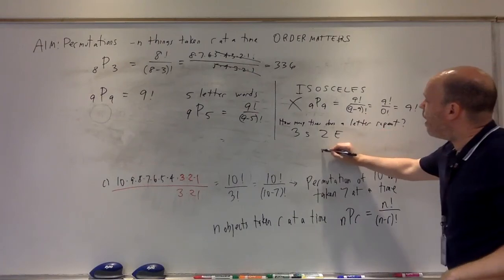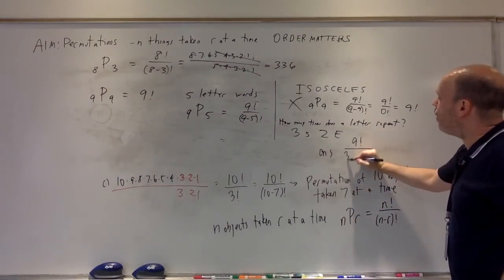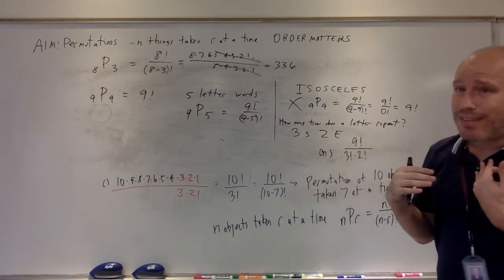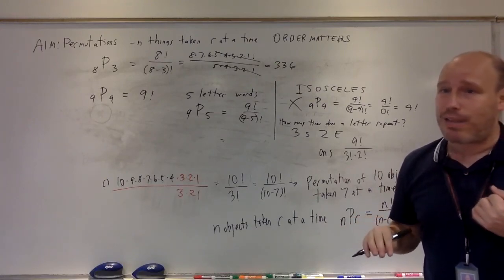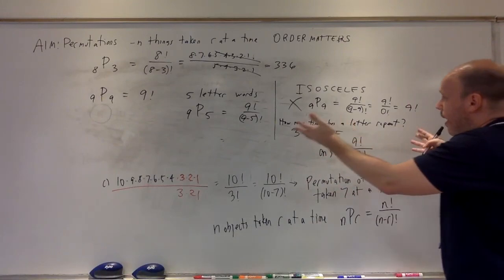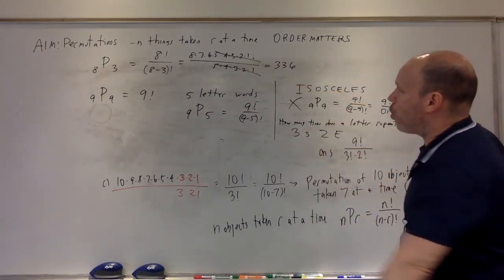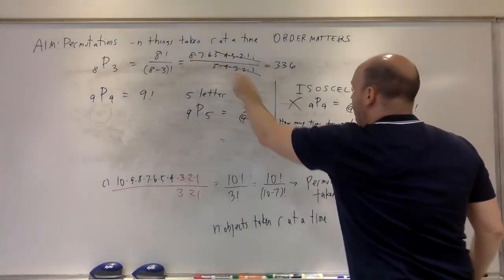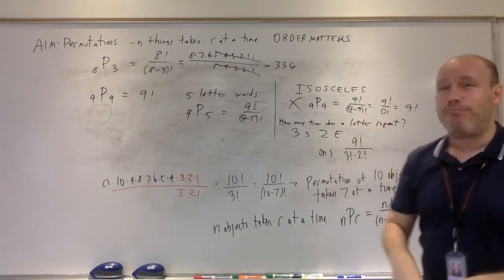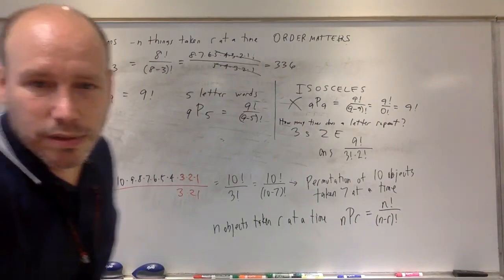The actual answer is 9 factorial divided by 3 factorial times 2 factorial. Am I going to ever ask this on a test? No. Is IB asking this on a test? No. Anyway, this is the idea of permutations. Determine if order matters. Determine how many objects you're taking from and how many objects you're taking at a time. Use the formula. Use the GDC. Good luck. Stop this.